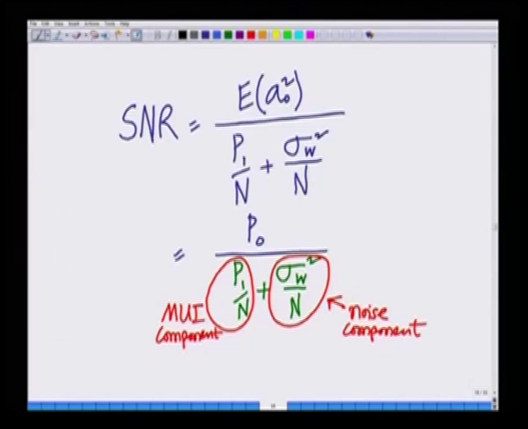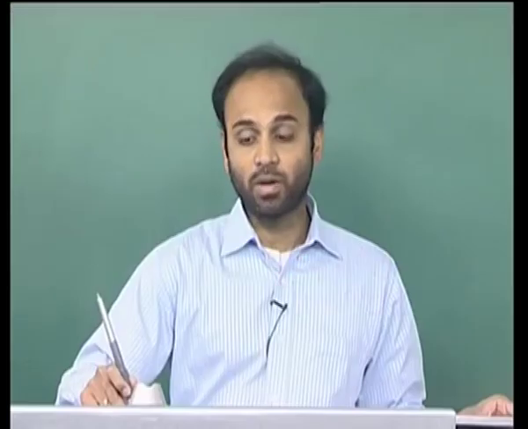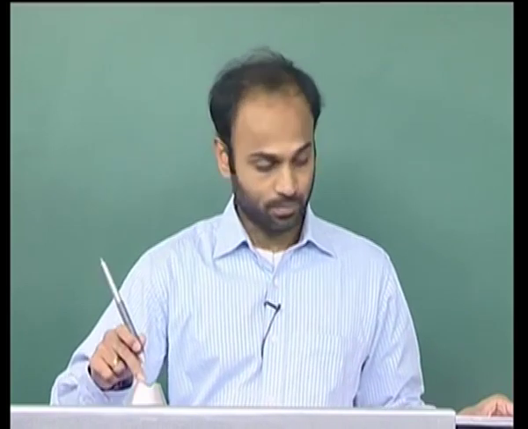However, that interference is suppressed by a factor of n. Similarly, there is a noise which is sigma w square over n. The noise is also suppressed by a factor of n. Hence, I have the net SNR which is P0 divided by P1 plus sigma w square into a factor of n, which is nothing but the length of the spreading sequence.